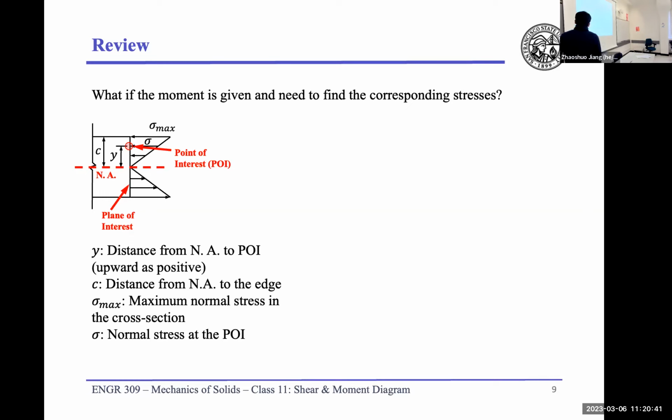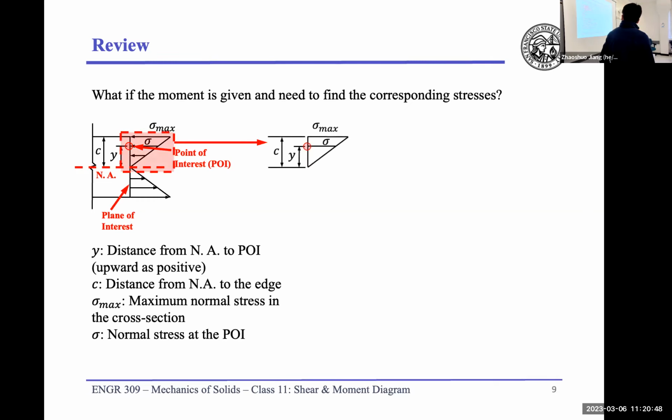Okay, with that defined, let's see how we can derive the equation for the normal stress. Let's take that out. If we take those stresses out, we have the stress at the point of interest, sigma, and the maximum, sigma max. The distance between your neutral axis and the point of interest is y. The distance between your neutral axis and the edge is our c.